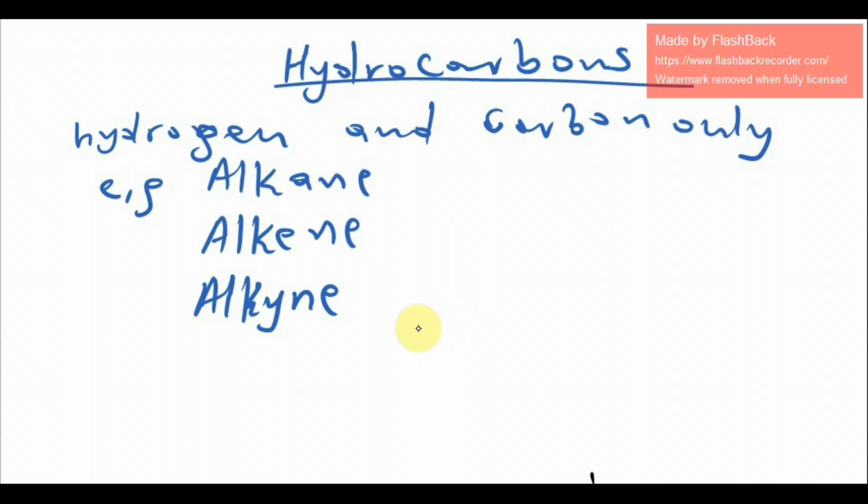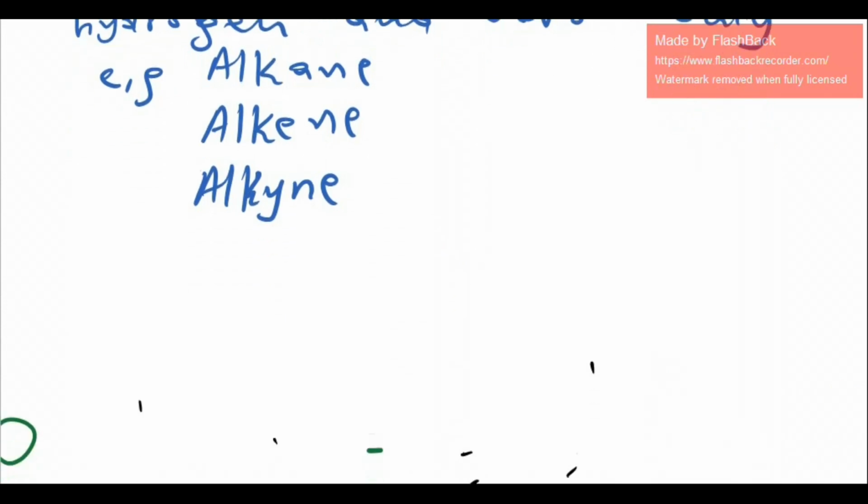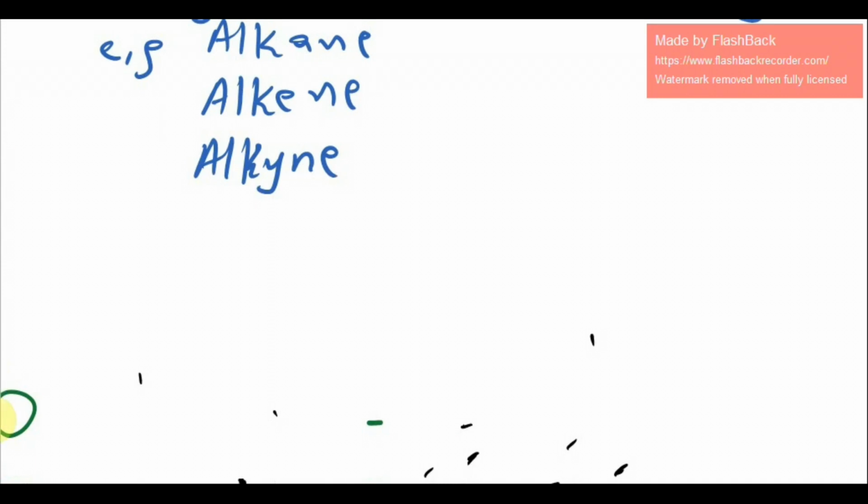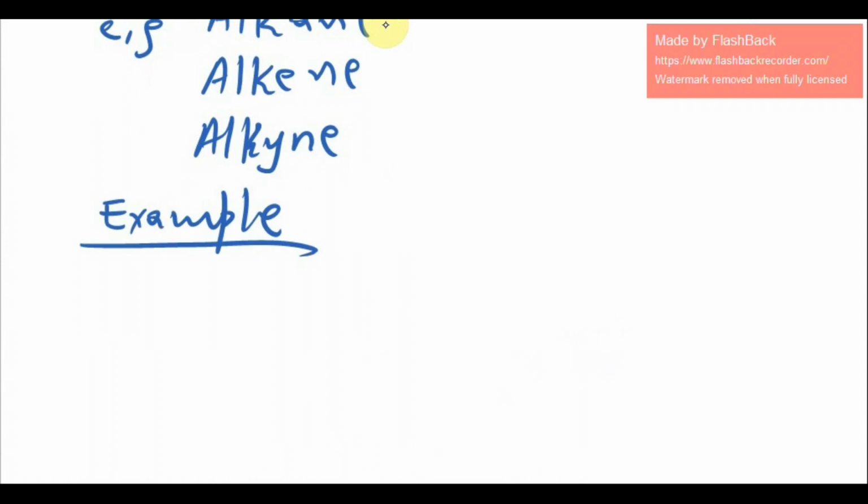Okay, now let's have an example. We are going to look at the hydrocarbon, homologous series, and the functional group. Let's look at this compound. 1, 2, 3.